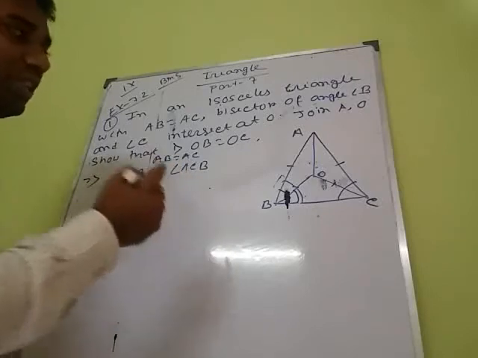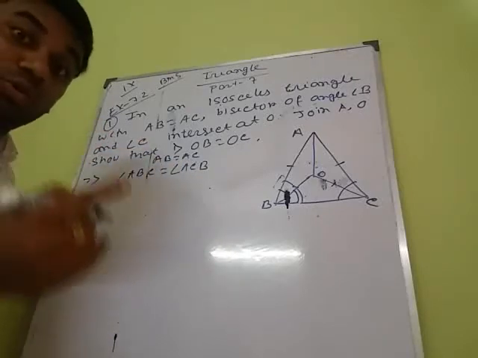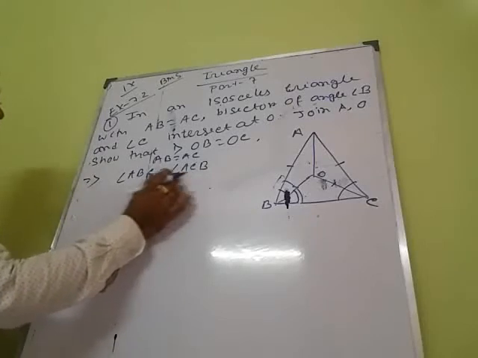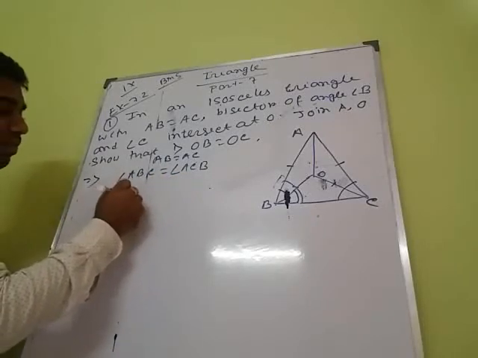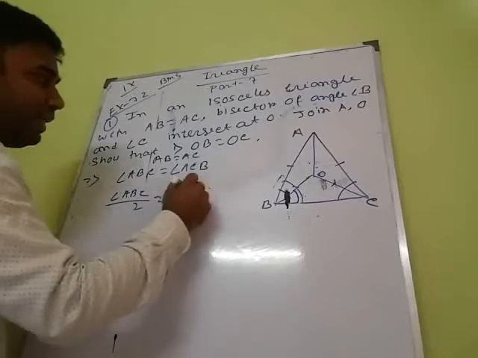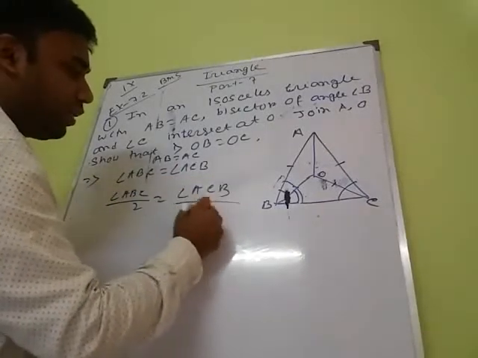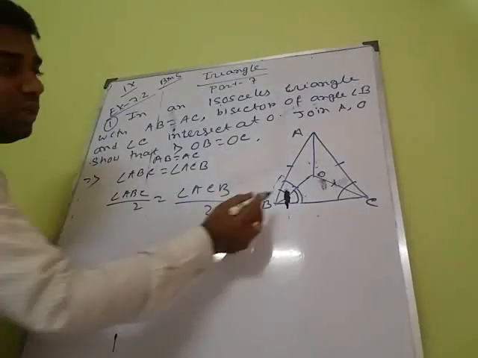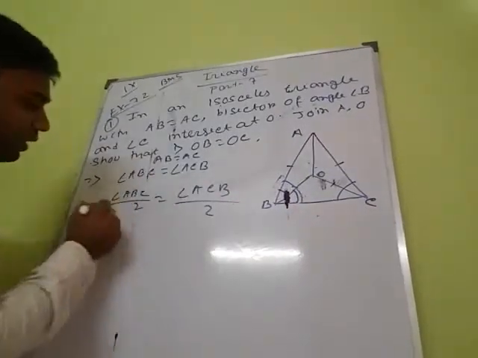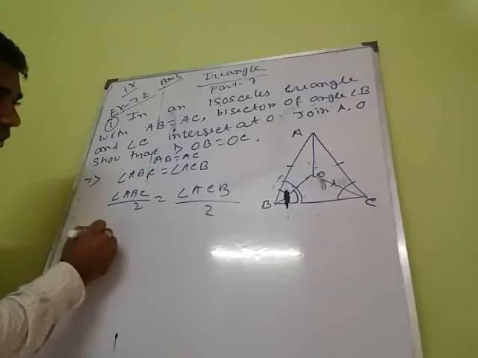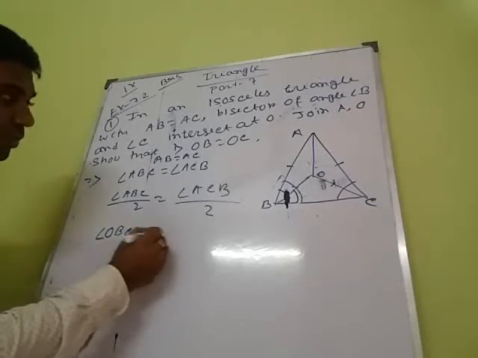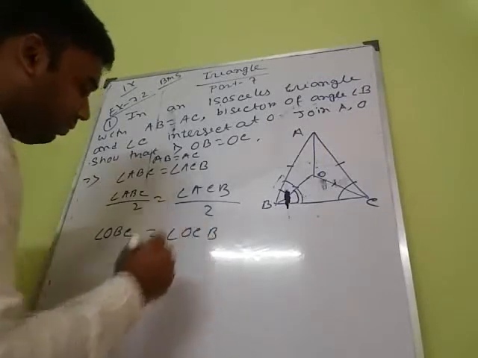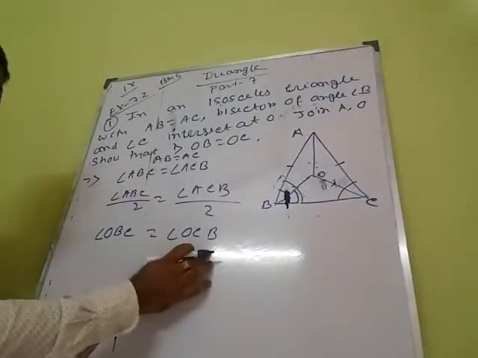Reason: angles opposite equal sides are equal. Now divide these two by 2, that is angle ABC by 2 and angle ACB by 2. These two parts are equal, so in place of ABC by 2 you can write OBC, and in place of ACB by 2, OCB. So OBC equal to OCB.